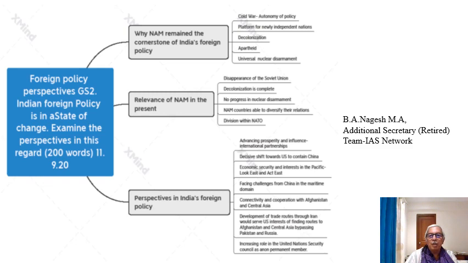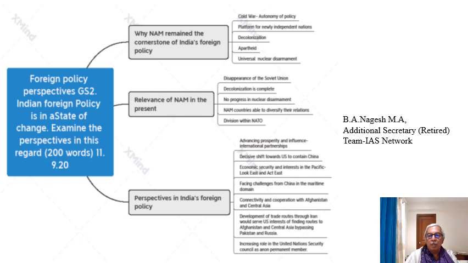Then the policy of non-alignment was a platform for newly independent nations, countries which came out of foreign clutches and looked for autonomy and freedom. They found instant support in the non-aligned policy. Decolonization: after the Second World War, many foreign countries gradually started losing control of their colonies. The emergence of new countries which tasted freedom for the first time, they all opted for a policy of non-alignment.